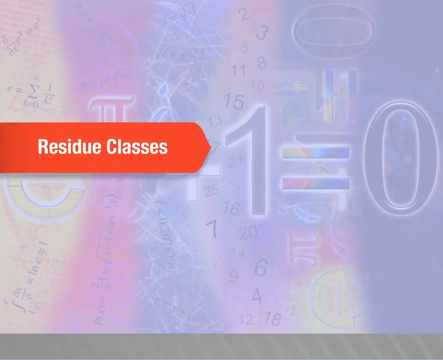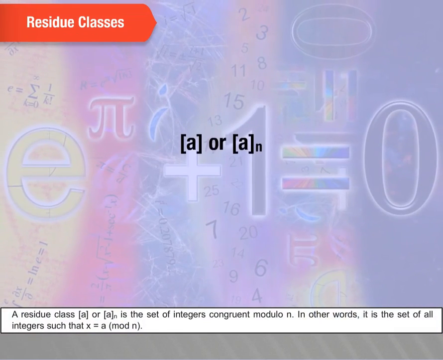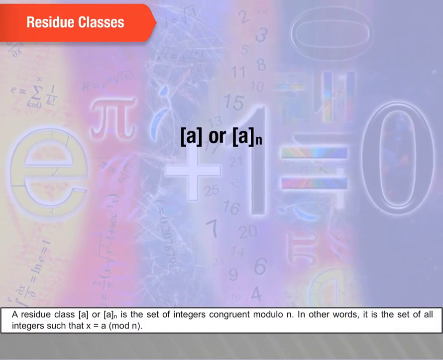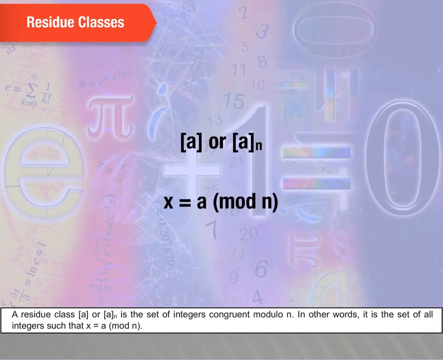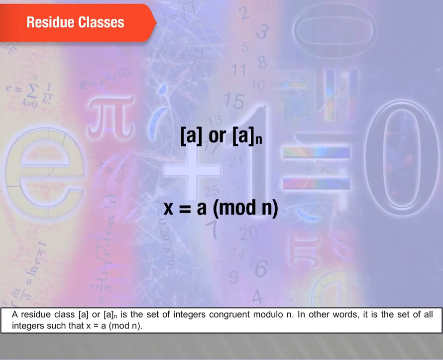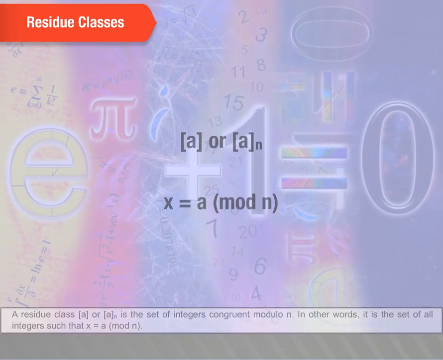Residue classes. A residue class [a] or [a]n is the set of integers congruent modulo n. In other words, it is the set of all integers x such that x is equal to a mod n.